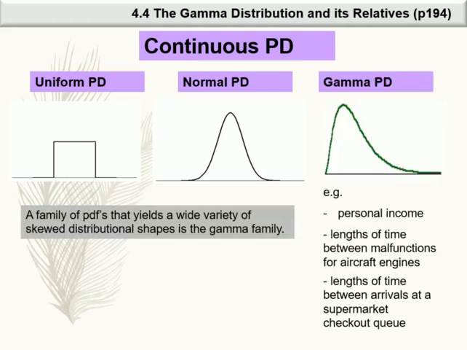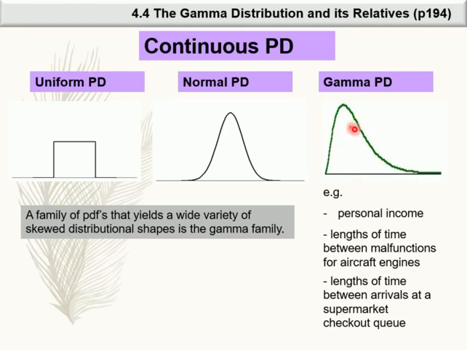So for instance, you have a graph like this. This is a typical gamma distribution. And what it represents is you have a large proportion of your population lying in this region here, and then fewer and fewer as you go further away from that. A good example is personal income.